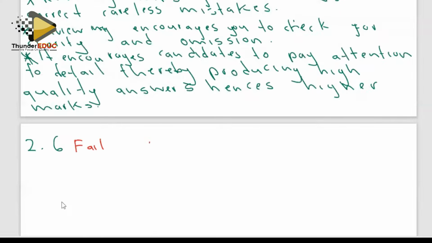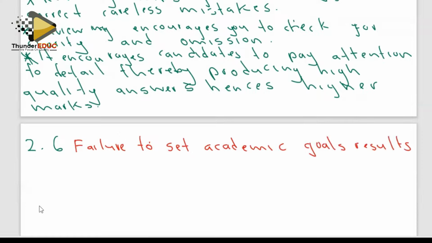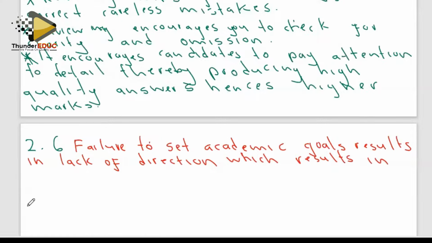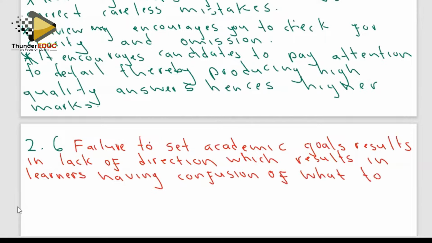Failure to set academic goals results in lack of direction, which results in learners having confusion of what to focus on during study time.